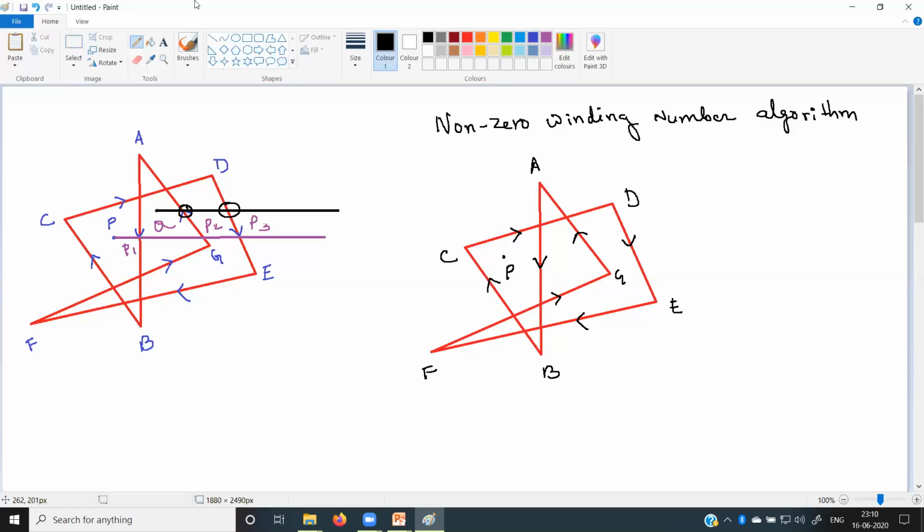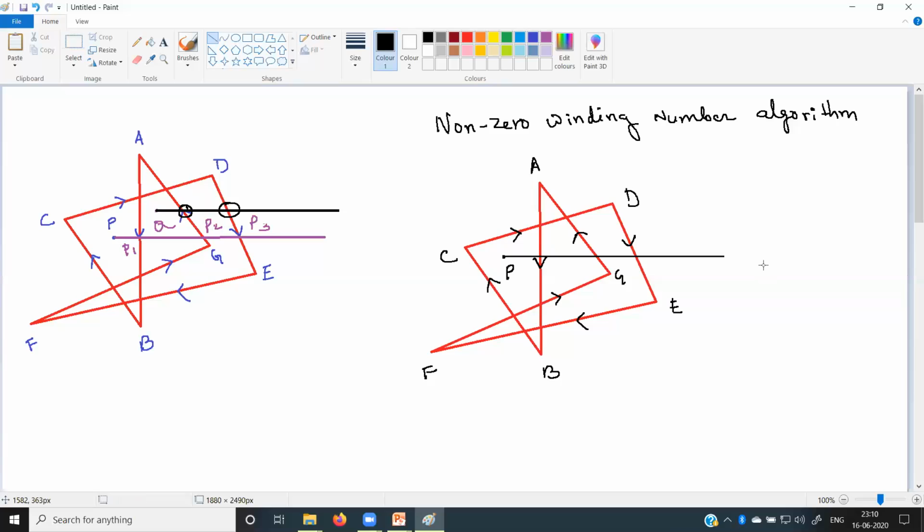So now, from that point, we will consider this the starting point of a straight line, and we will draw a straight line whose ending point is in the infinity direction.